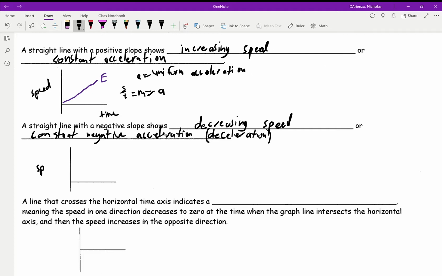Now again, we'll look at speed on the y, time on the x with our 0 point here.